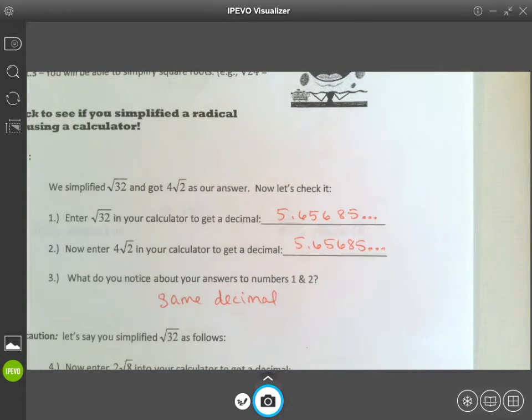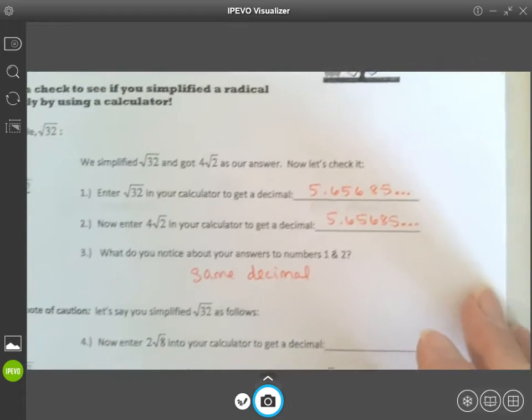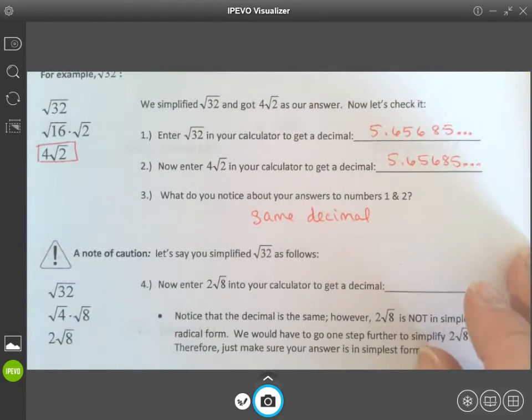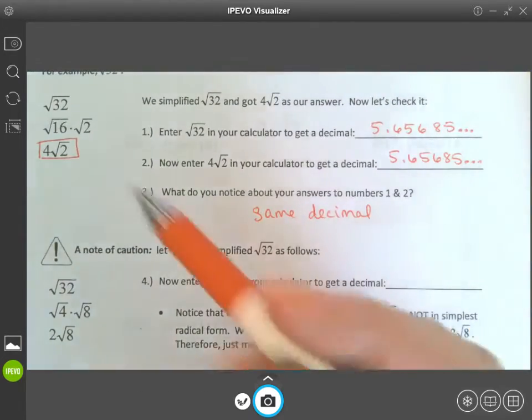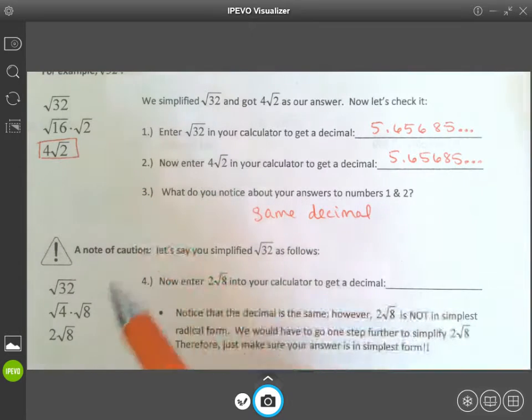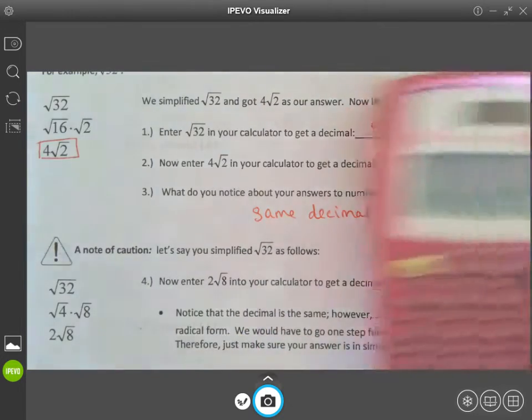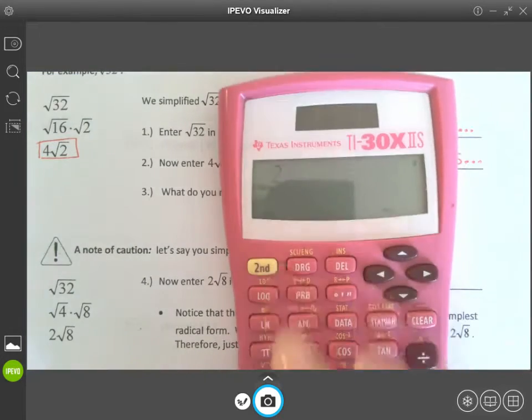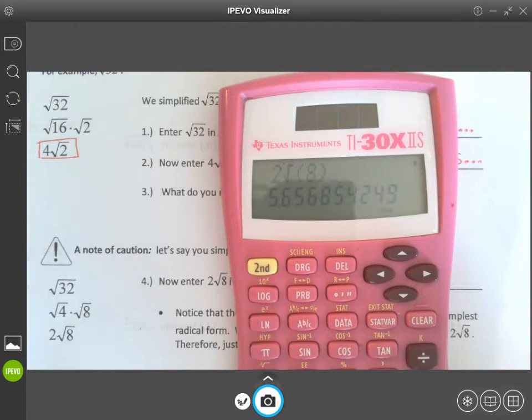Now, if you look down here, the problem is you might think you got it right, but you didn't simplify it enough. So this is the correct simplification. But remember I said 32, 4 is also a perfect square that goes into it. So if we type in 2 square root of 8, do you see that I get that same decimal?